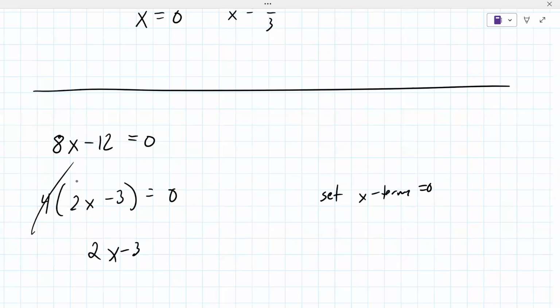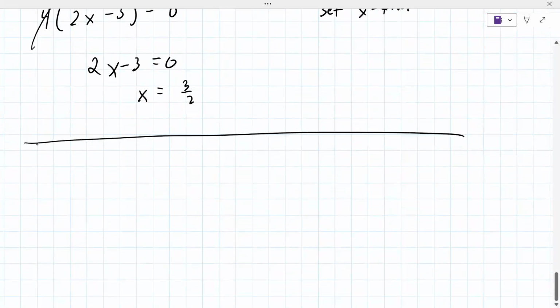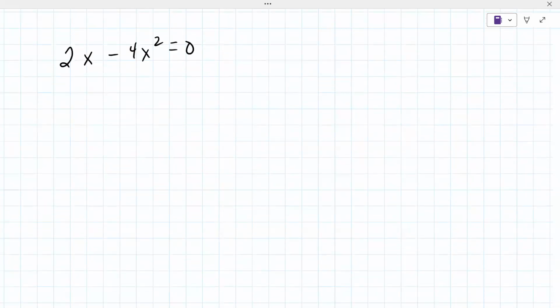You still set the 2x minus 3 equal to 0, x equals 3 halves, like that. Okay. All right, so let's try another one here. Go ahead and give that a try, please.